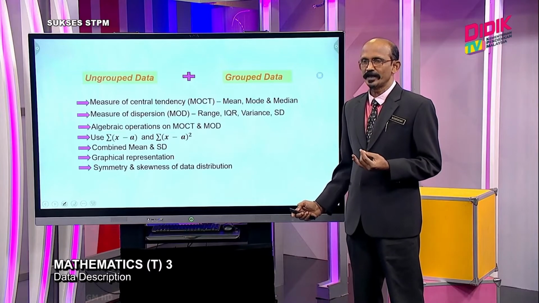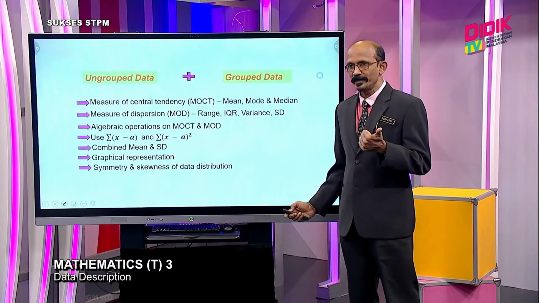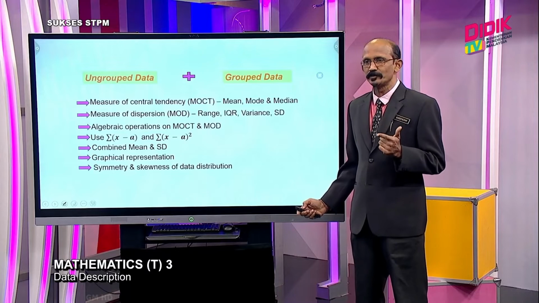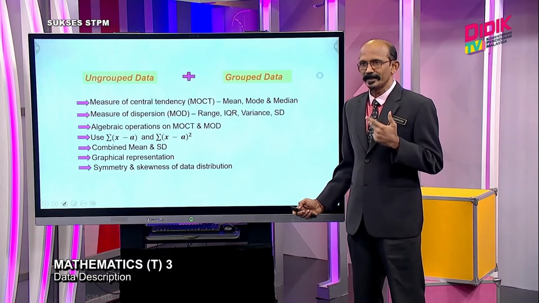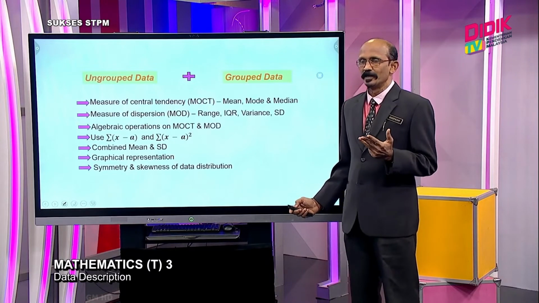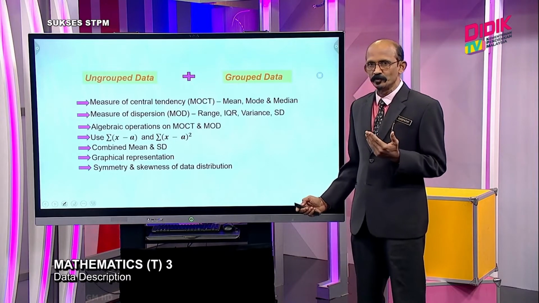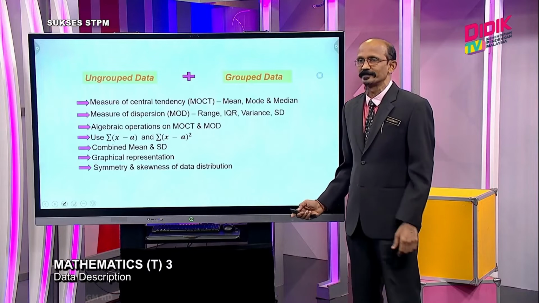For this, you can use 5 ways: 1, using MOCT; next, quartiles; third, box plot; next, histogram; or lastly, Pearson coefficient of skewness.